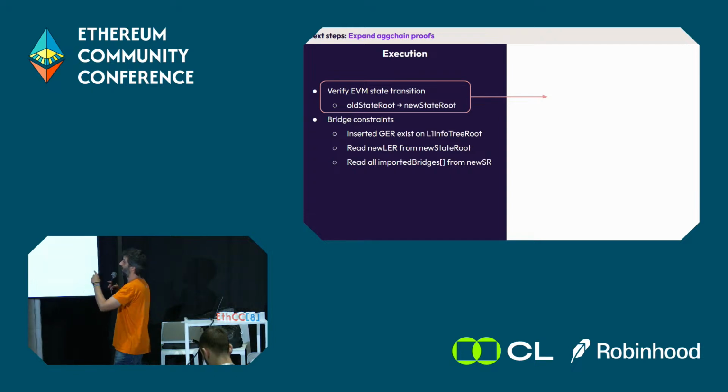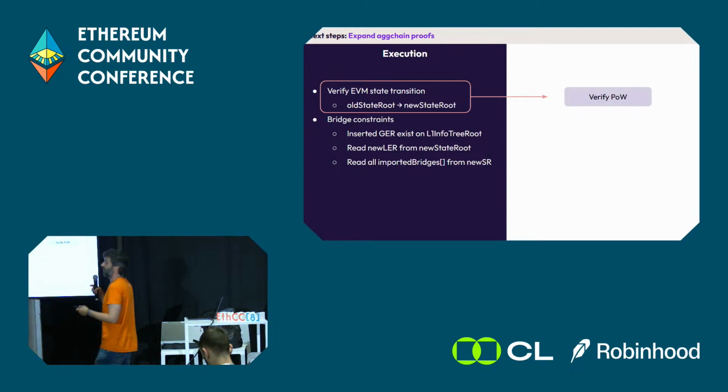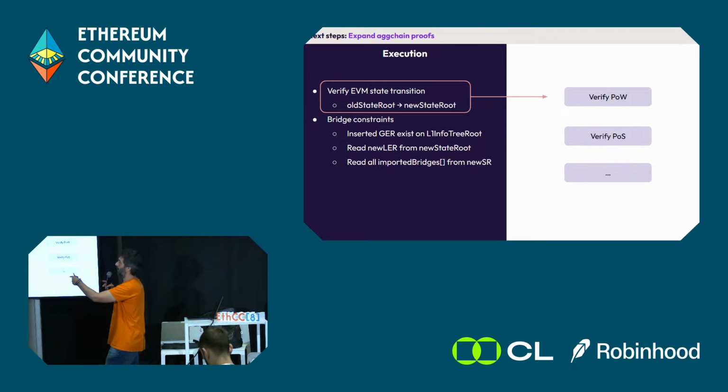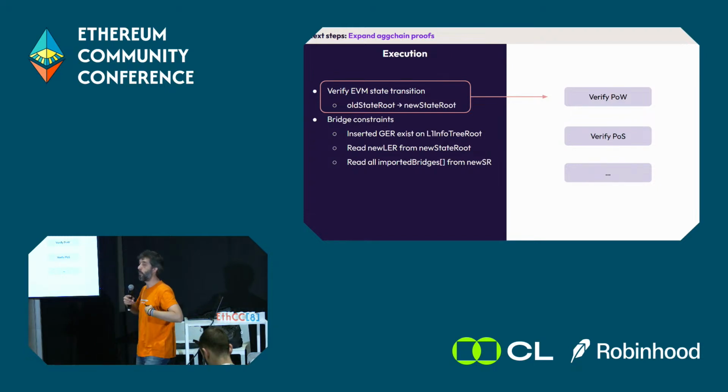We can reuse almost all the ActChain program, and instead of verifying a zero-knowledge proof here, we can just verify a proof of work. We can verify a proof of stake, or whatever consensus we want. It means that by reusing the same circuit and changing some lines of code, we can give more freedom and more sovereignty to the layer 2 chains.